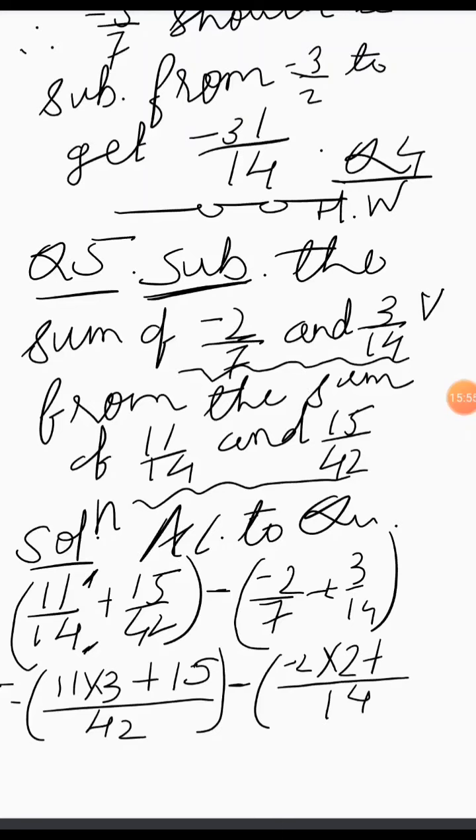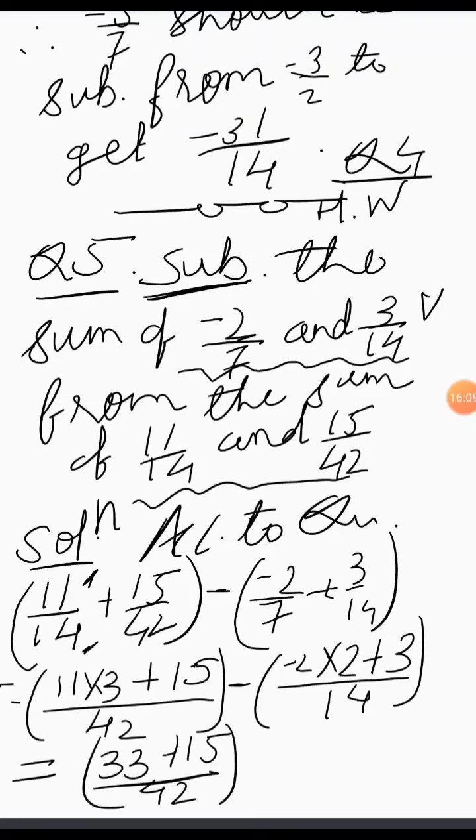Okay, plus here the denominator is already same, so it will remain as it is, numerator. Now just simplify. 11 3s are 33 plus 15 by 42. It is in the bracket. Minus, now simplify these two. 2 2s are 4 and minus is there, so minus 4 plus 3 upon 14.